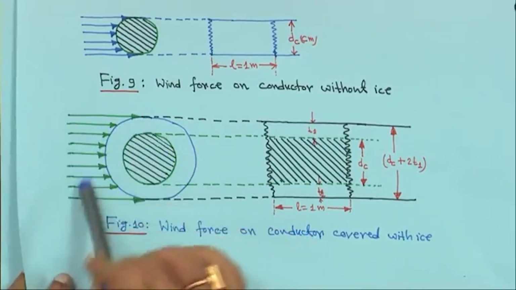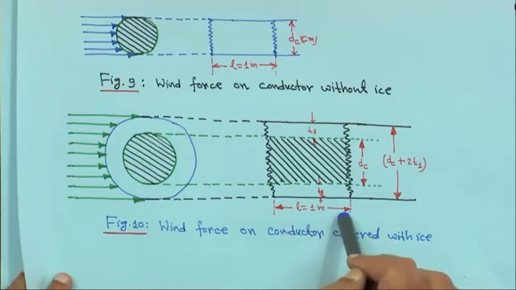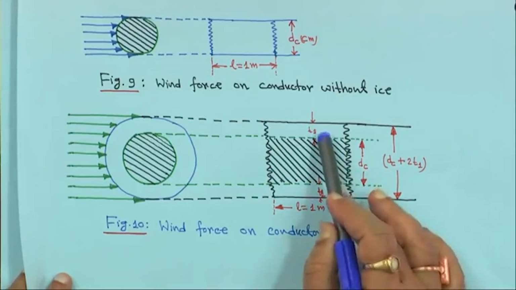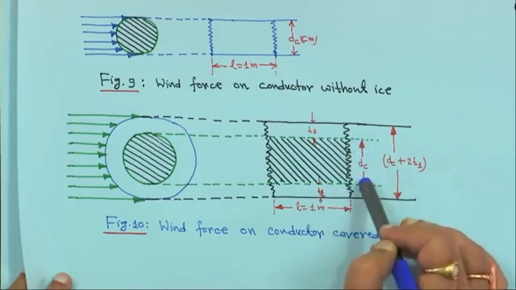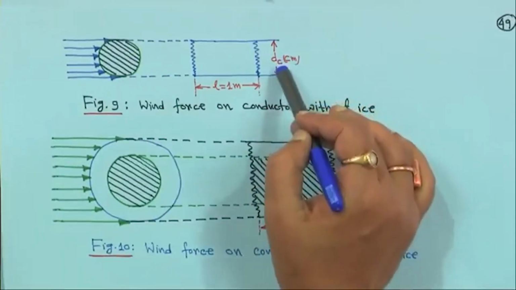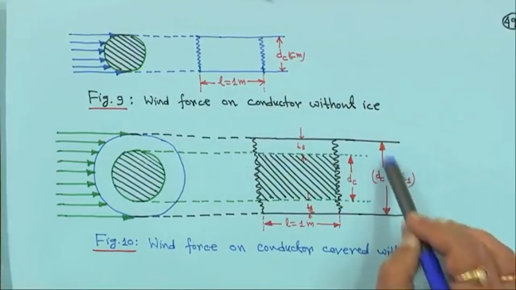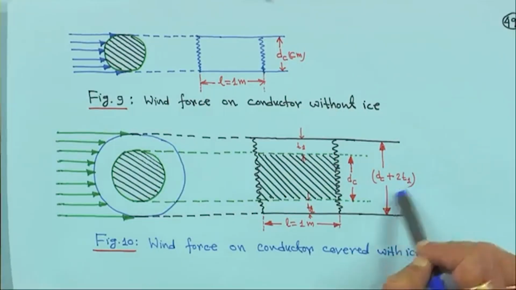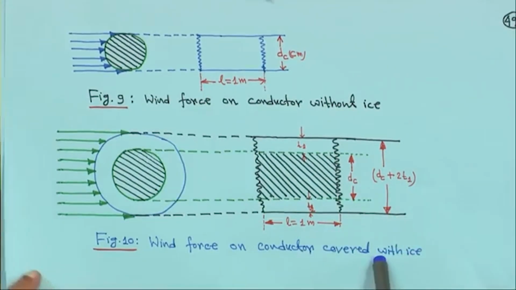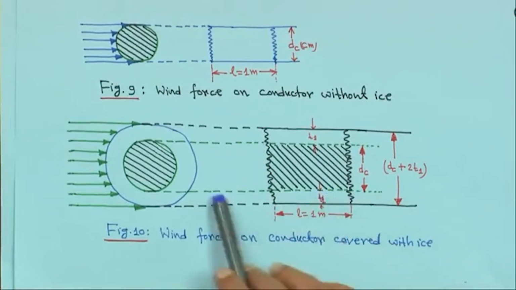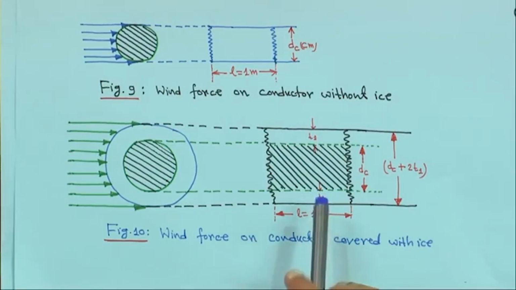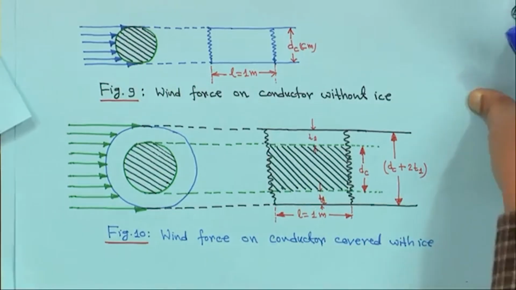So, these are the wind pressures. In that case the length is 1 meter, the thickness is T1, the diameter of the conductor is d c, same here, and with ice it is, as we have seen before, d c plus 2 T1. This is wind force on conductor covered with ice. This way it has been drawn. I think it will be understandable to you. Simple thing.